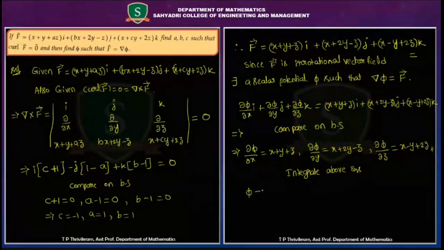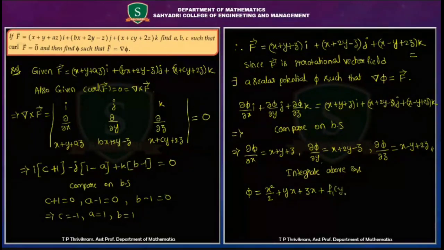First equation, phi is equal to x square by 2 plus yx plus zx plus f1 of y comma z.